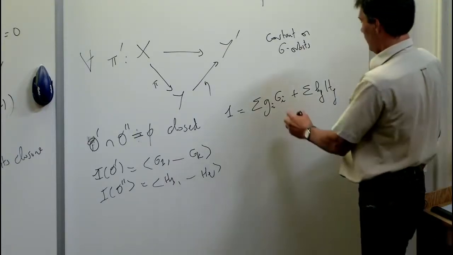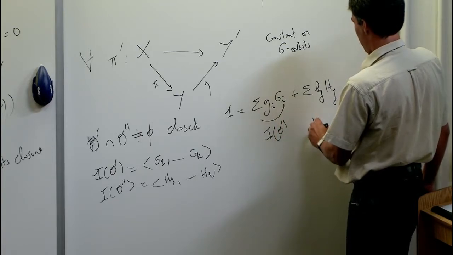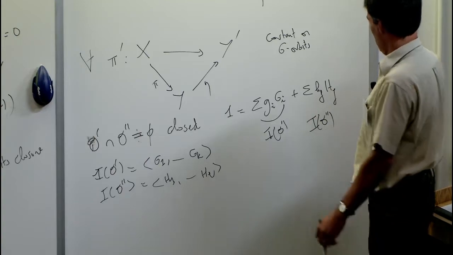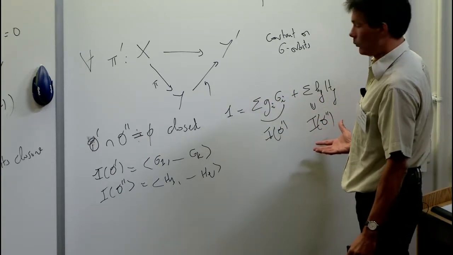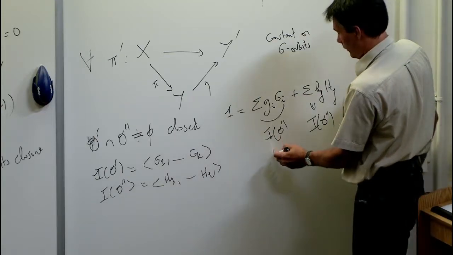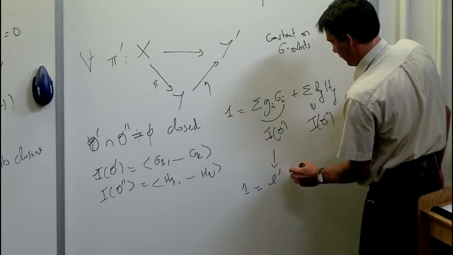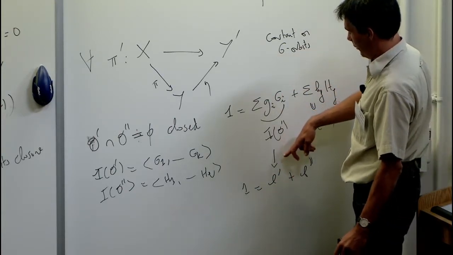So this is in the ideal of O prime, this is in the ideal of O second. But then I can apply the Reynolds operator to this sum. I will write 1 as phi prime plus phi second, the projection by the Reynolds operator.